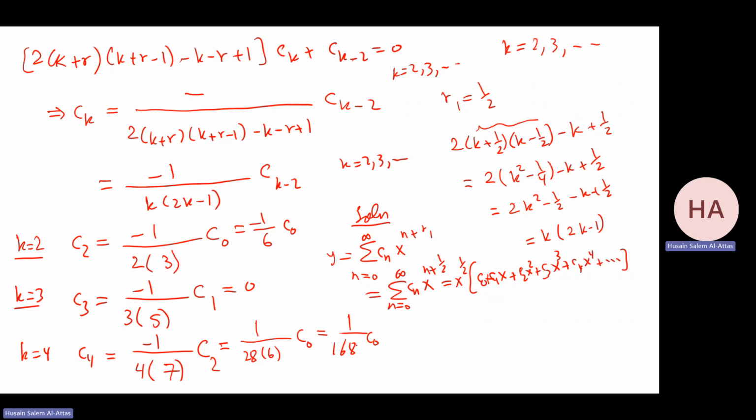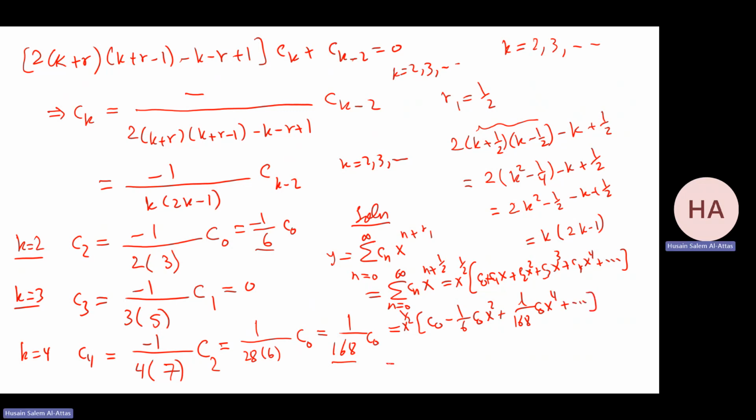Why do I stop at 4? Because I know this will give me the 3 terms. I can only have the C0 at the beginning. So that will be x to the power half times C0. C1 is 0, gone. This is minus 1 over 6 C0 x squared, C3 gone, plus 1 over 168 C0 x to the power 4.